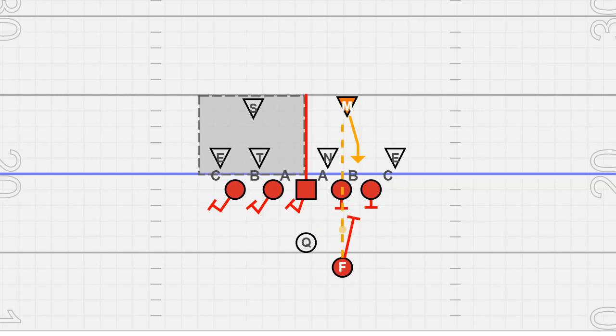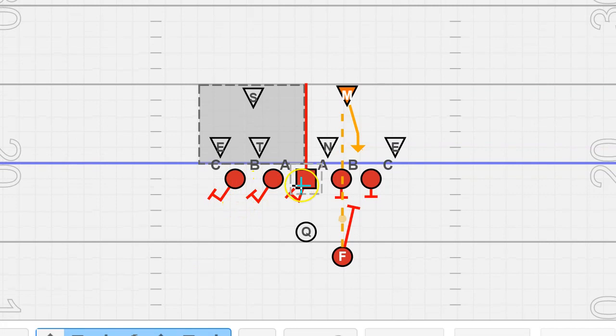Whereas Fred and Felix are six-man protections. 1, 2, 3, 4, 5 offensive linemen plus one fullback equals 6.